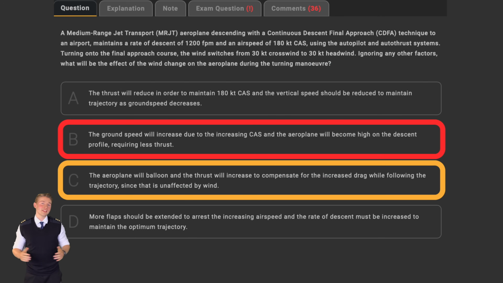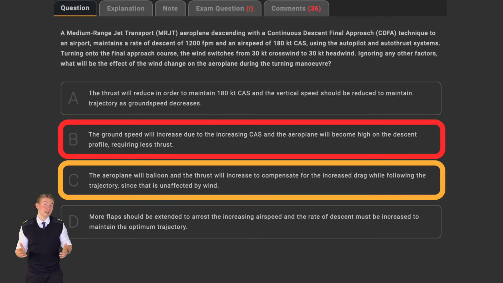Answer C now states that we should increase thrust to counteract the increase in drag coming from the sudden increase in lift, which they here refer to as ballooning. Although it is correct that an increase in lift comes with an increase in induced drag, we did only receive this additional lift by changing from a relatively strong crosswind to a headwind, hence momentarily increasing the CAS.